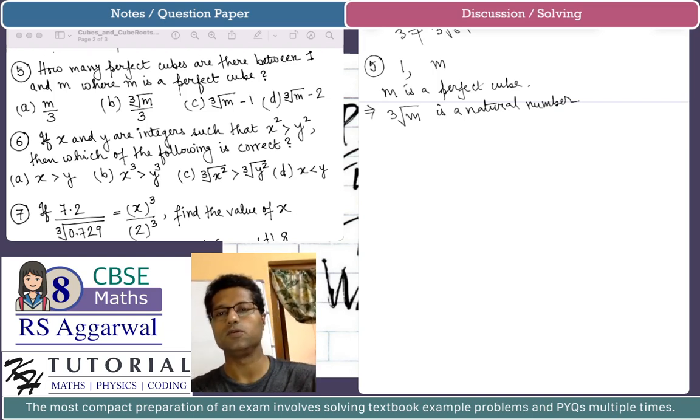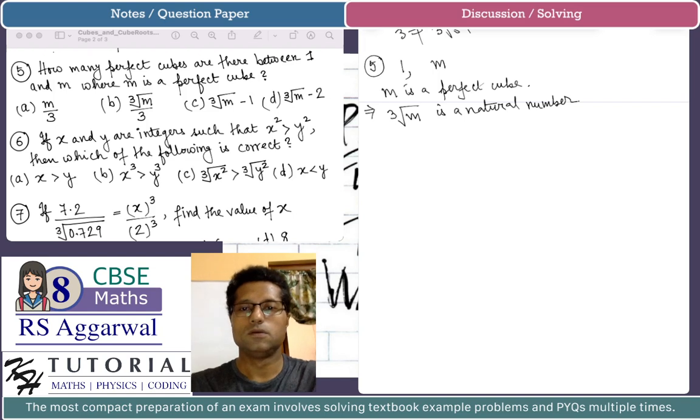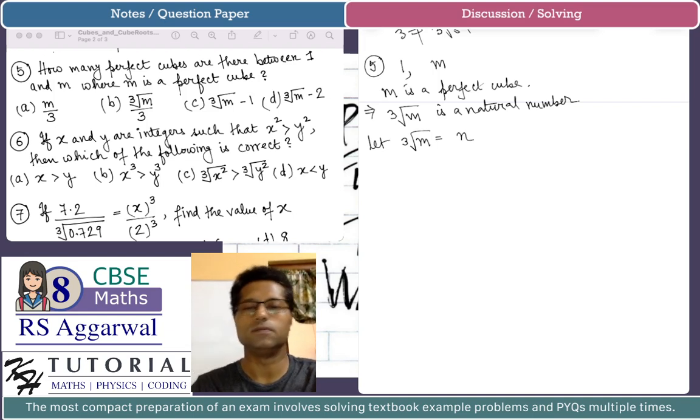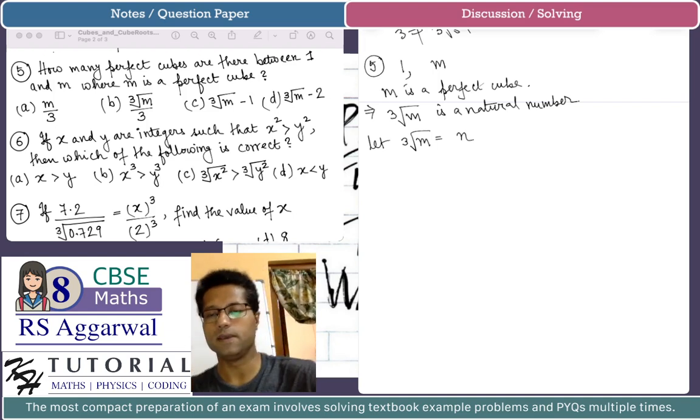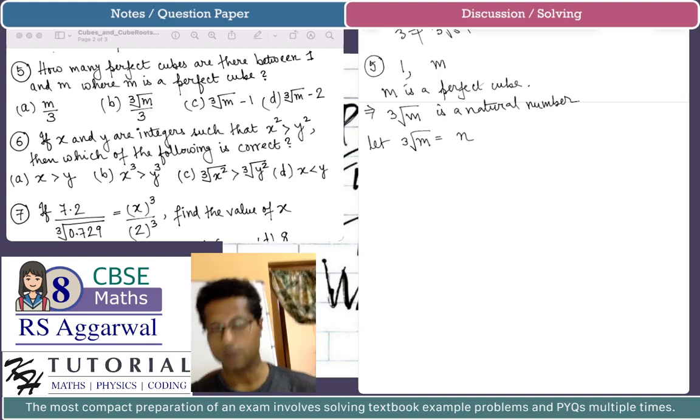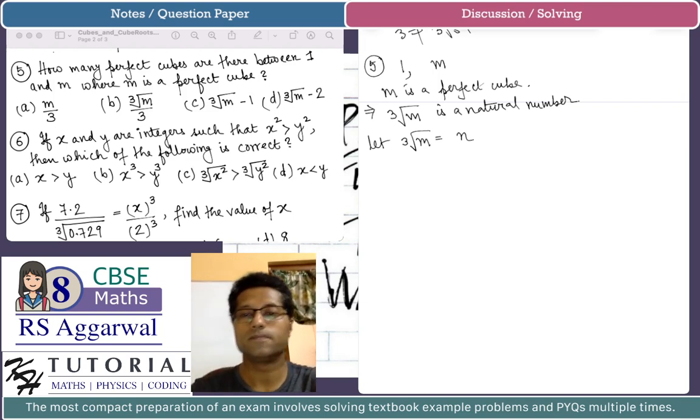Now it is asking how many perfect cubes are there between 1 and m, where m is a perfect cube. So since m is a perfect cube, let the cube root of m be equal to n, where n is a natural number, because m is a perfect cube. So the cube root of m will be a natural number. Let's say that is n.